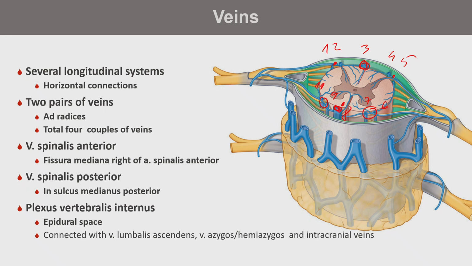So those veins are connected at the level of the foramen intervertebrale with the extradural space, where the ridge webs of veins called plexus vertebralis internus are localized. It's in fatty tissue in the extradural space.